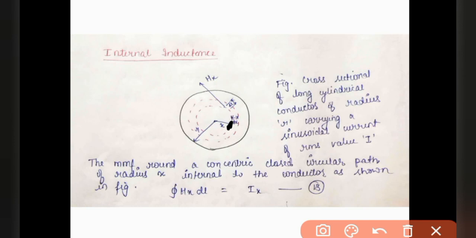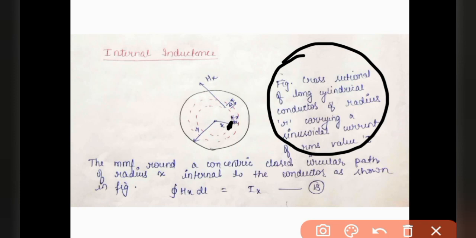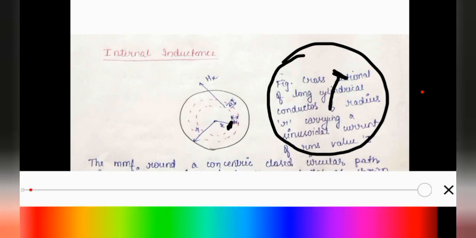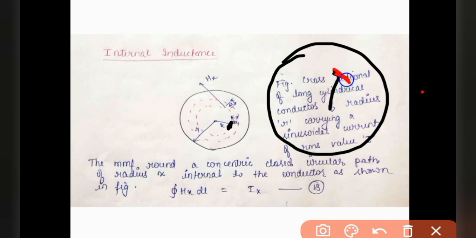If this is a conductor, at a distance of x we take a small part of that conductor. This part is called dl, length l at a distance of x.